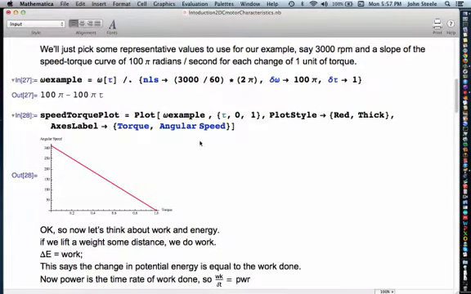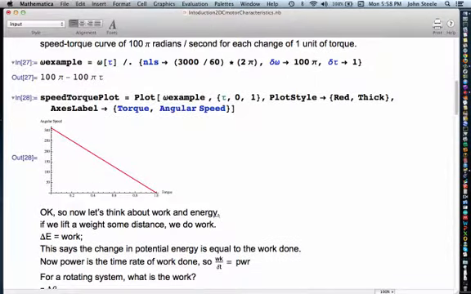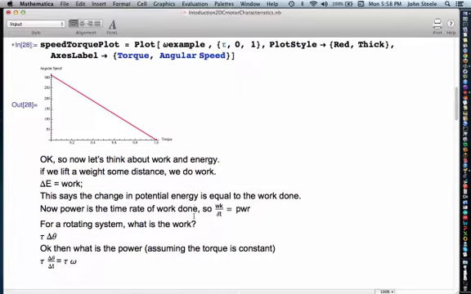So here's a plot of the speed torque curve from 314 radians per second down to 0 over a range of torque from 0 to 1. Now I don't have units for torque here, but quite likely it could be Newton meters or Newton millimeters or Newton centimeters, something like that.